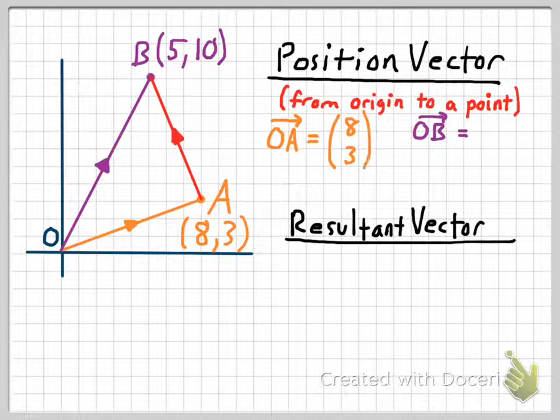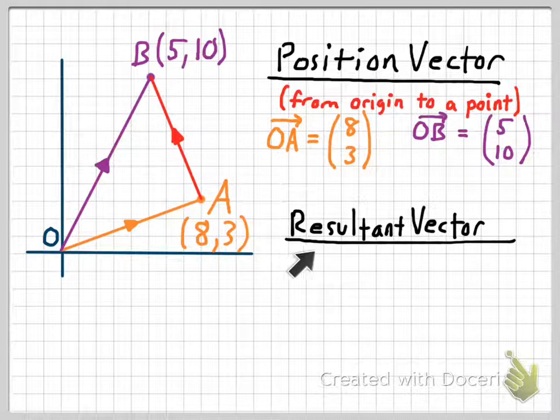Make sure you never write a vector as an ordered pair and never write an ordered pair as a vector. All right, and then for vector OB, 5, 10 is the position vector. It's column form.